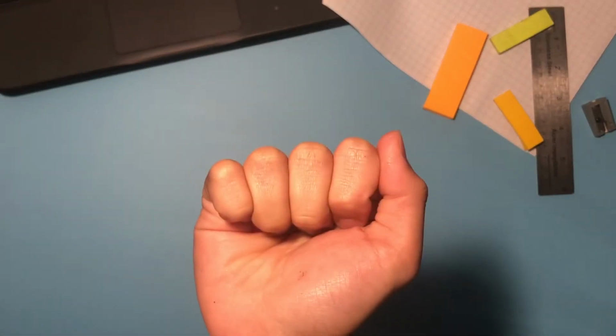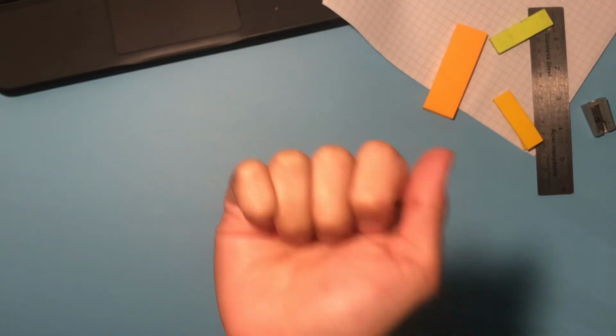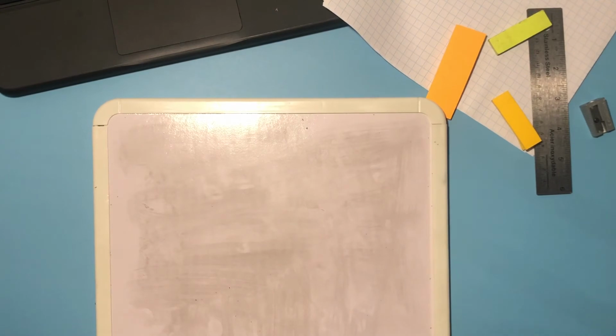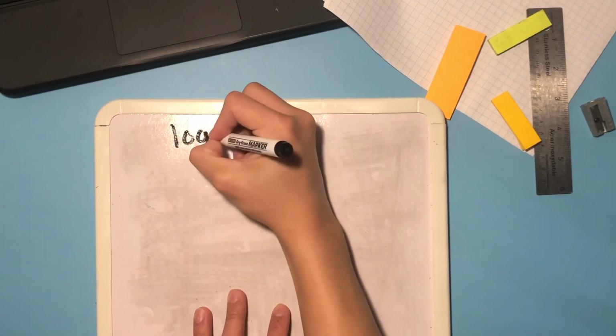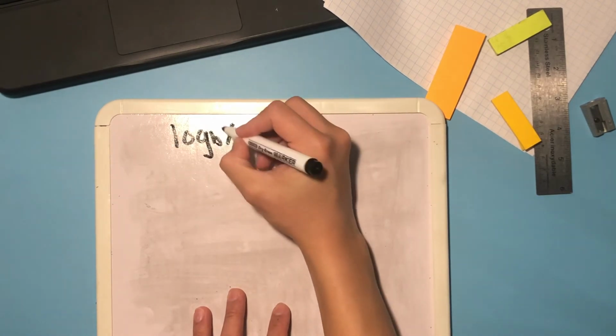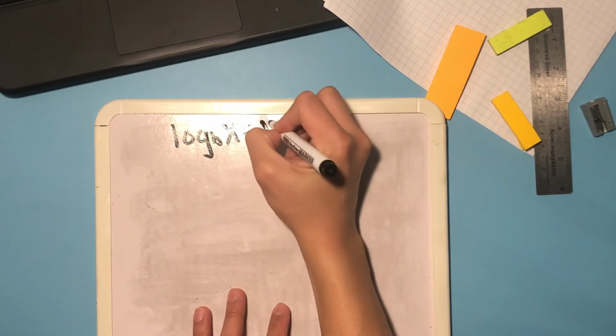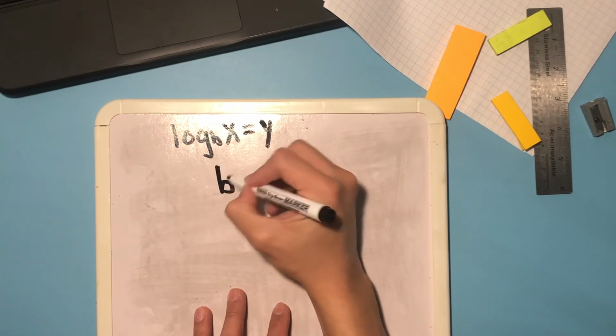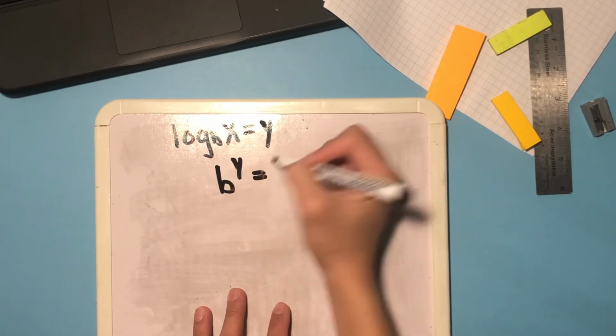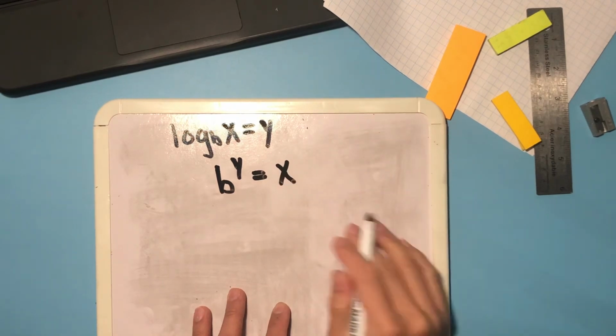From what we learned, we can now show the proof. So, let us put our basic log format. So log to the base of b of x equals y. This function can now be rewritten as the exponent with base b to the power of y equals x.